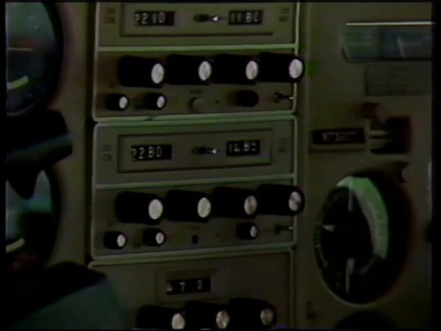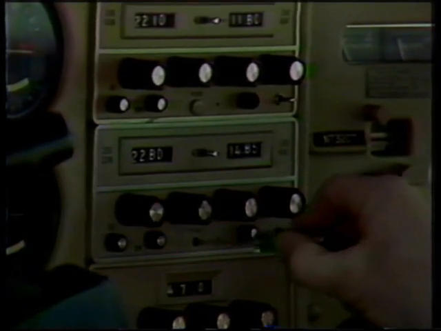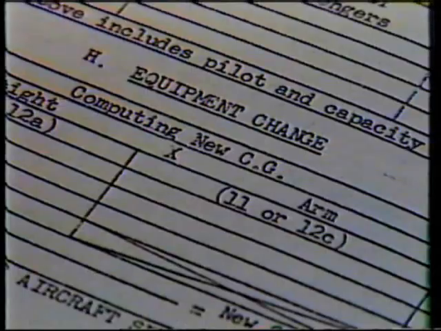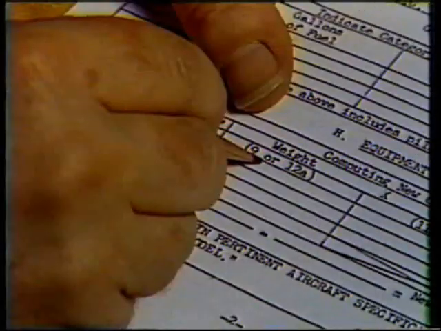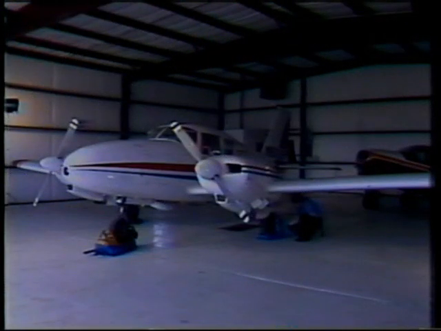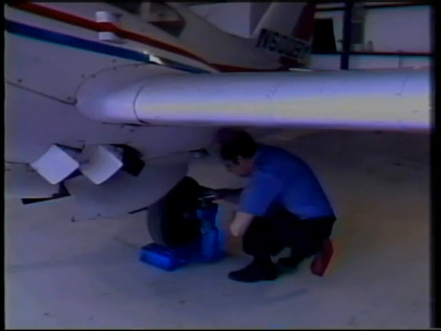Whenever new equipment is added, or old equipment relocated or removed from the aircraft, a record must be made so that weight and balance records may be kept up to date. Aircraft used for carrying passengers and cargo for hire must be reweighed periodically, and the center of gravity must be recomputed.